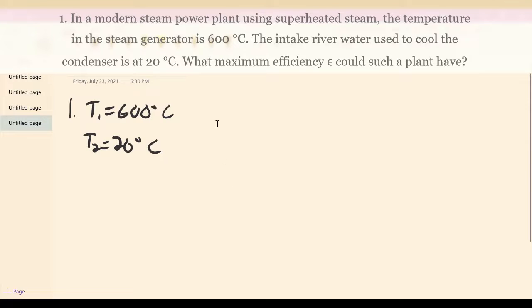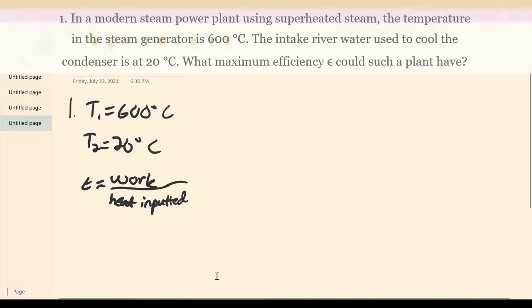So basically, the efficiency is just defined as the amount of work done over the heat that is inputted into this system. You can think of this as a Carnot cycle, which is a cycle that goes through 4 different stages.